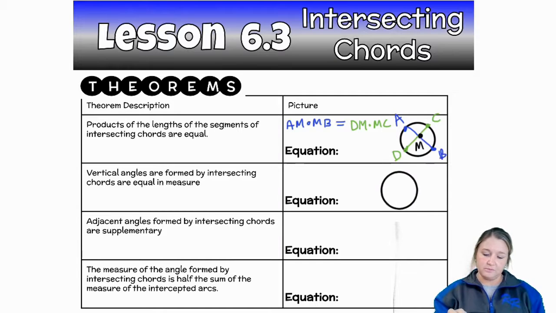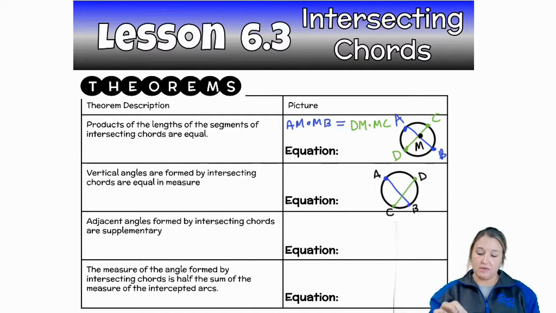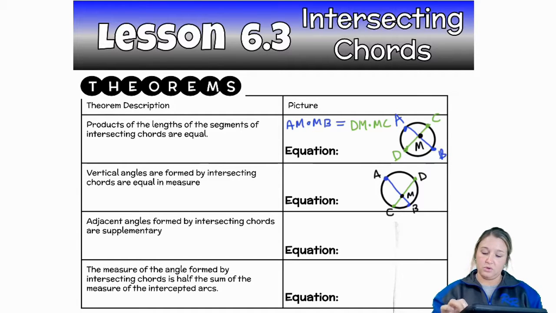So let's take a look here. So again, if I have chord AB and chord DC, so let's name these A, B, and D, C. Then they meet right here at M. So angle CMB is going to be equal to AMD.